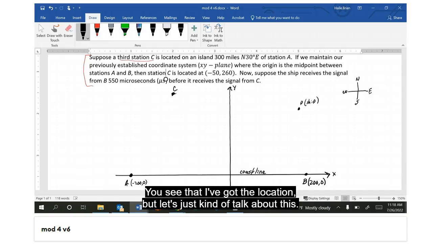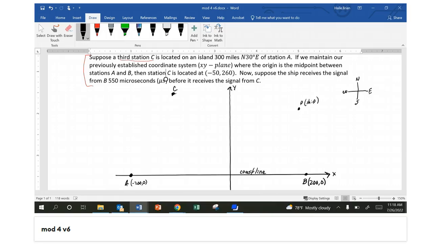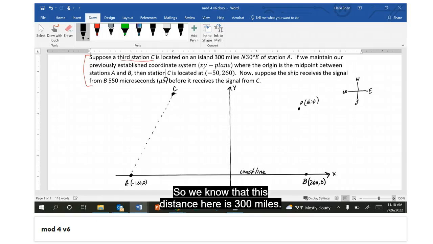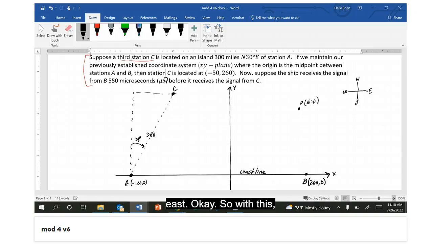Now, I've already gone through the math. You see that I've got the location, but let's talk about this. We know that C is located on an island 300 miles northeast of station A. So we know that this distance here is 300 miles. We also know that it's northeast; matter of fact, it's north and then 30 degrees east.